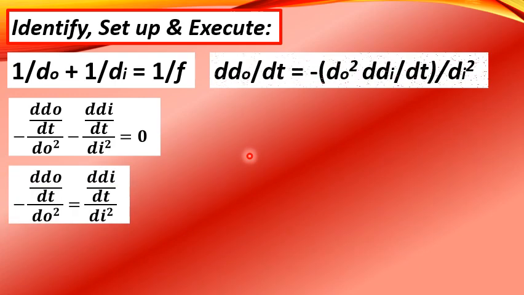Transposing, the derivative of dO over dt is equal to the negative dO squared times the derivative of dI over dt all over the square of dI.